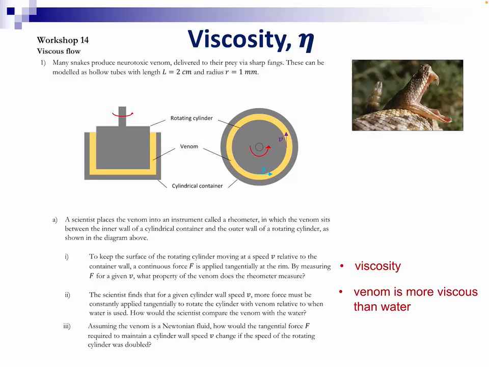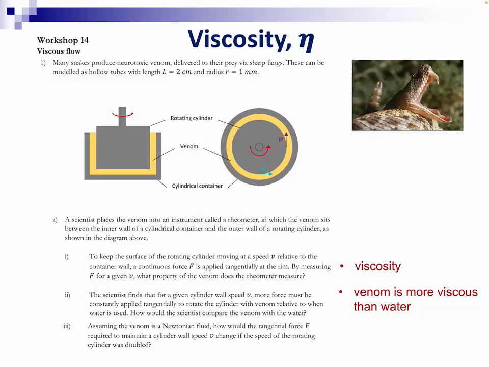Okay. And assuming that venom is a Newtonian fluid, we'll go to Newtonian fluids in the next slide. But when we say Newtonian fluid, the viscosity does not change. Okay, so assuming that the viscosity is constant, how would the tangential force required to maintain the cylinder change if the speed was doubled? So you have this viscous venom.